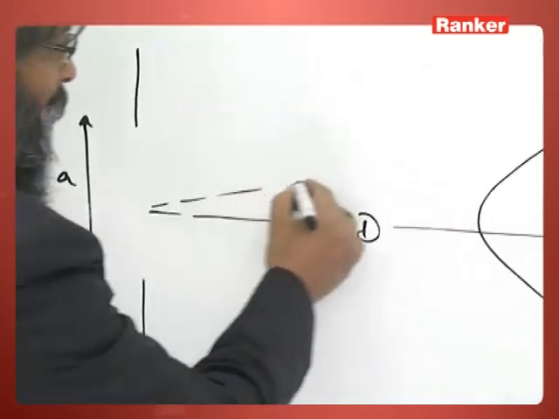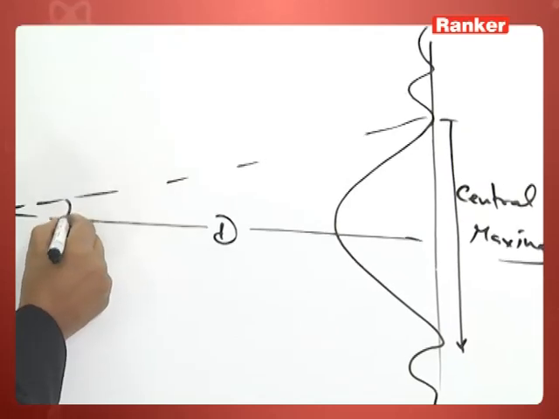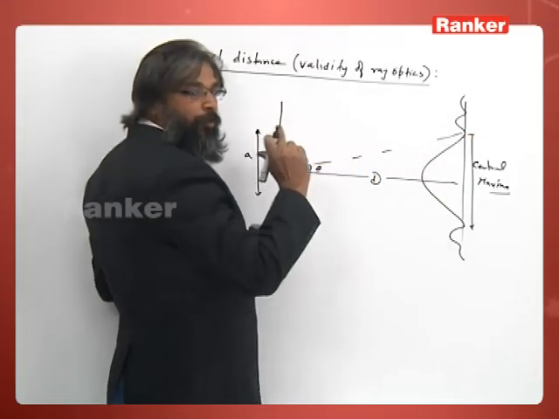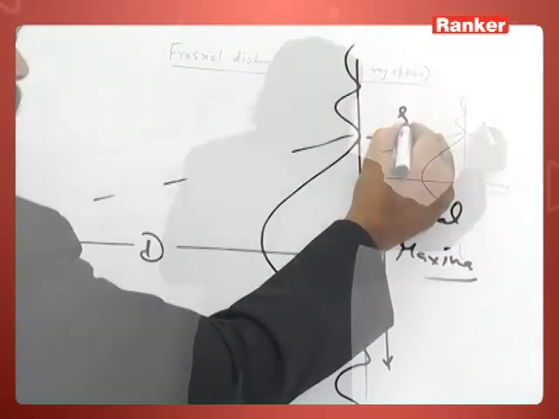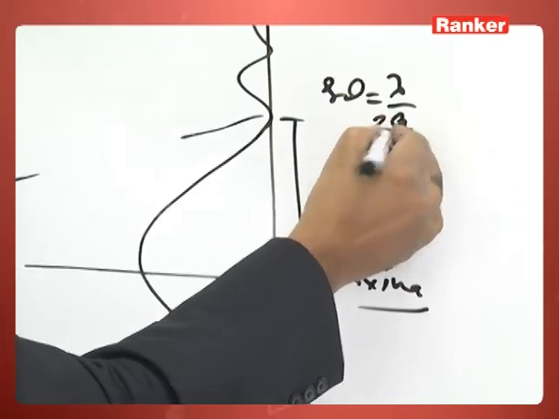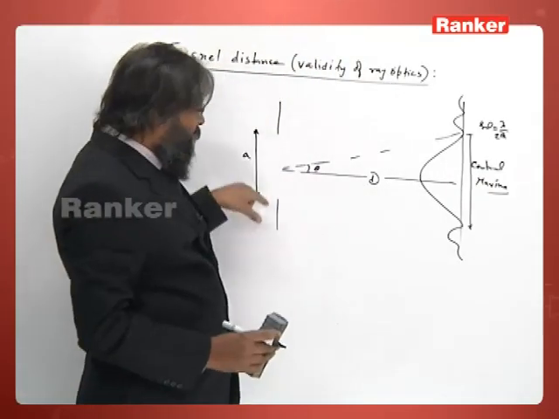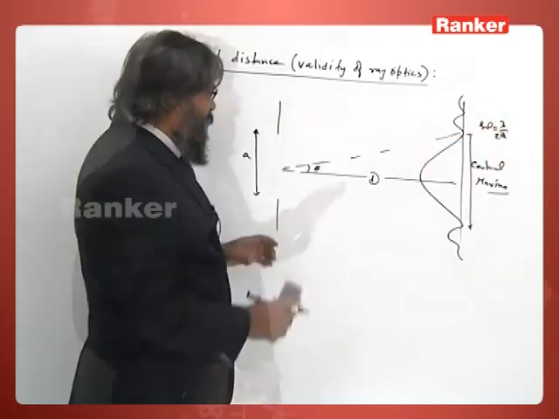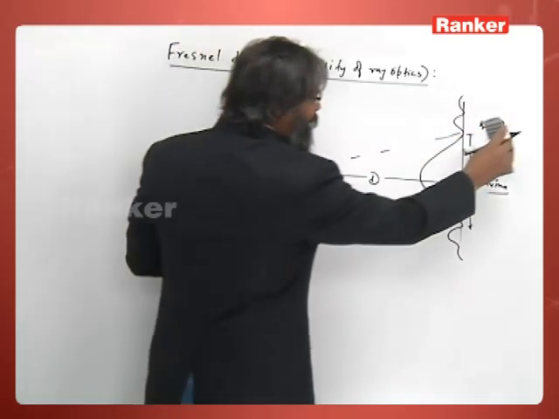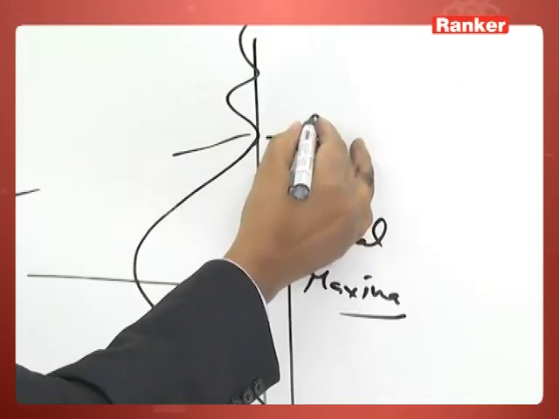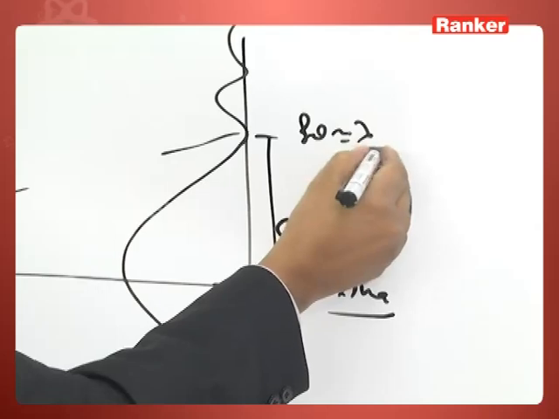Suppose this is the angular position. Suppose I call this angle theta. Then if this is a rectangular opening, we know that sin theta is given by lambda by a, and if it is a circular opening, then it is 1.22 lambda by a. So the order of the angle theta is lambda by a.